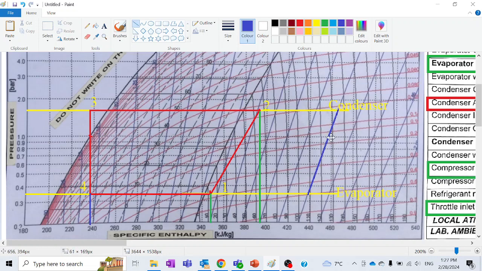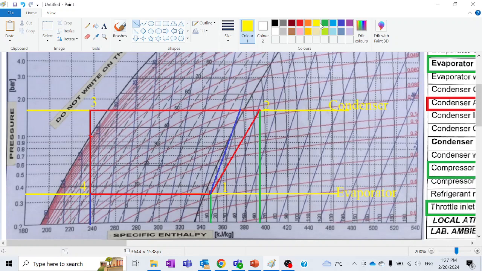So we will trace a line corresponding to the isentropic lines from here, which is the entry point to the compressor. Ideally it should follow the blue line which I just traced if it is compressed isentropically, but since the process was not ideal, it followed the other path from point 1 to point 2.